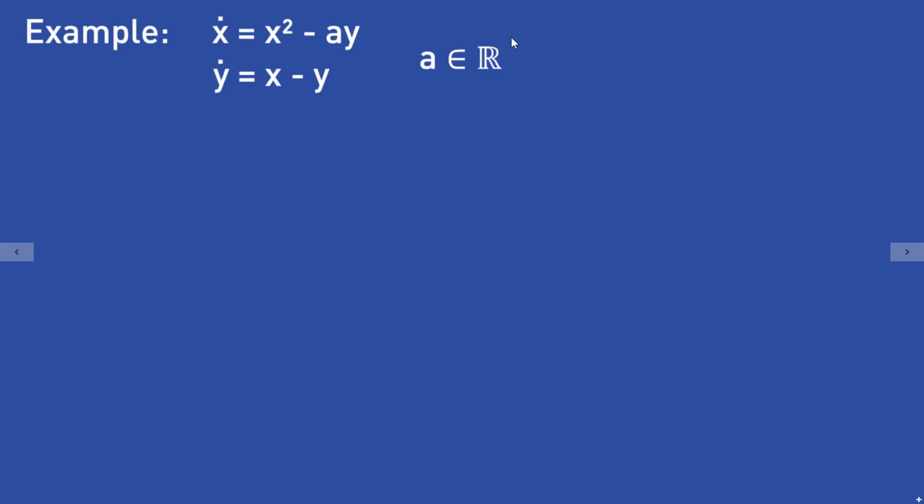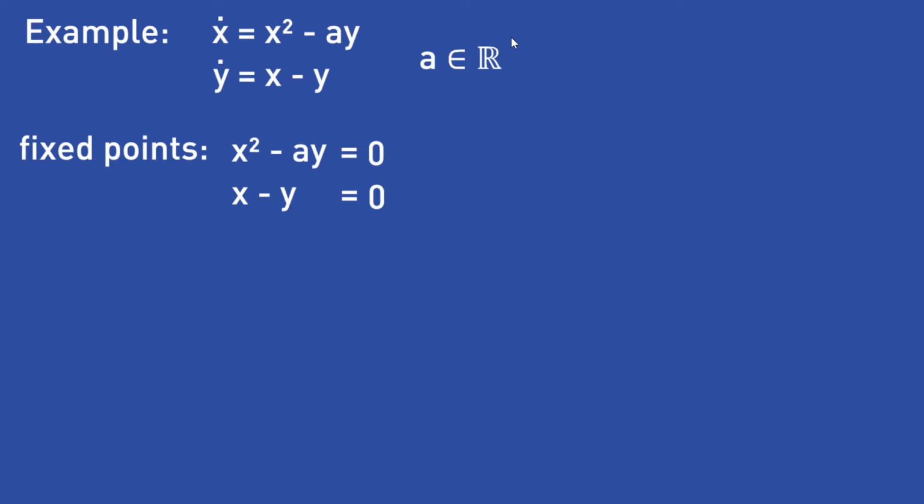First of all, we calculate the fixed points. So we have to solve this here. So x squared minus a times y is equal to 0, and x minus y is equal to 0. From the second equation we get x is equal to y.